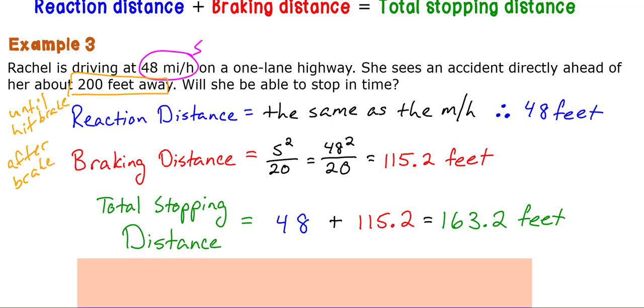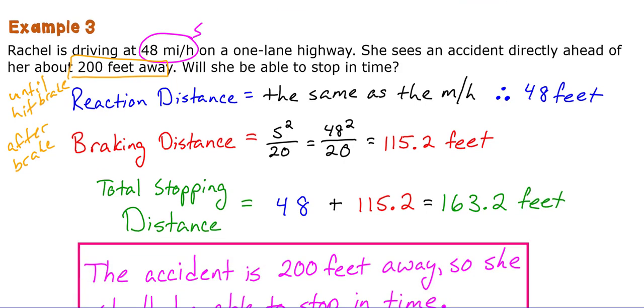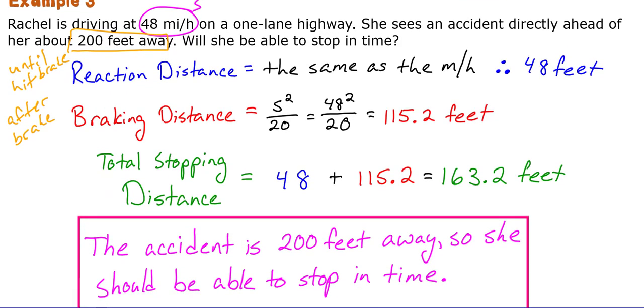So the total stopping is going to be a combination of both. Okay? So in this case, Rachel is going to be able to stop in time and not run into the accident because her 163.2 feet is less than the 200 feet that the accident was ahead of her.